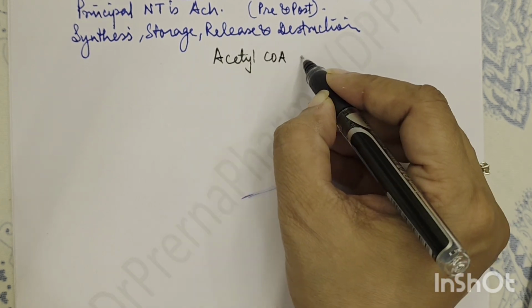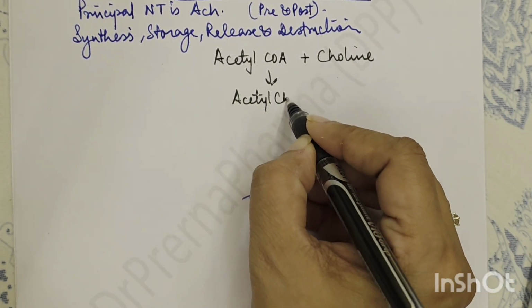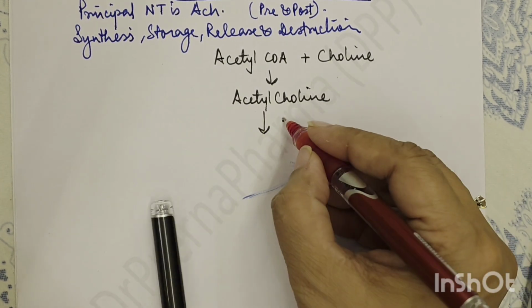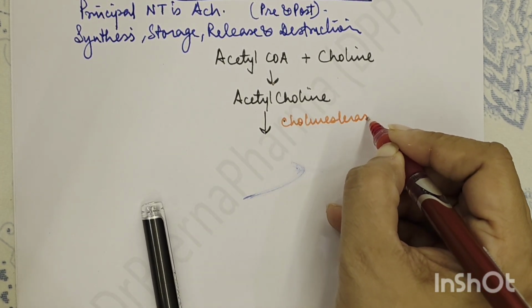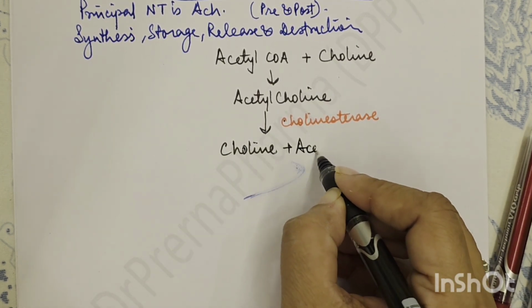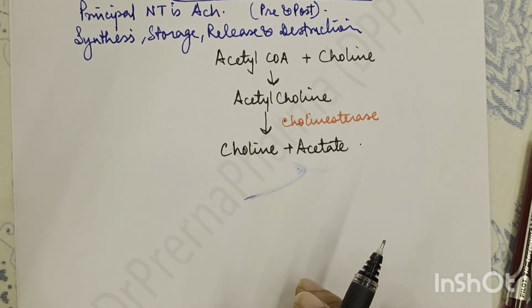Acetyl coenzyme A combines with choline and forms acetylcholine. This acetylcholine is broken down by the enzyme cholinesterase into choline plus acetate. This is the biochemical reaction.